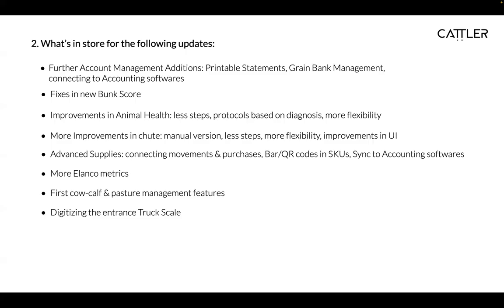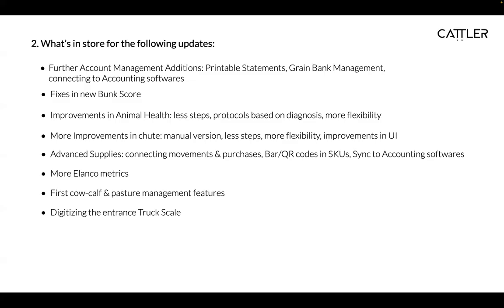So some of the further improvements in account management or additions are some of the statements that you have there, like the ability to print them out. This is an easy thing that we just need to do. Adding the GrainBank piece of the account management, specifically for people that are using GrainBank, and just being able to print out a report in the GrainBank for the customer.